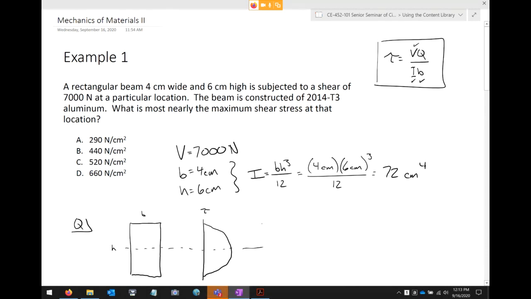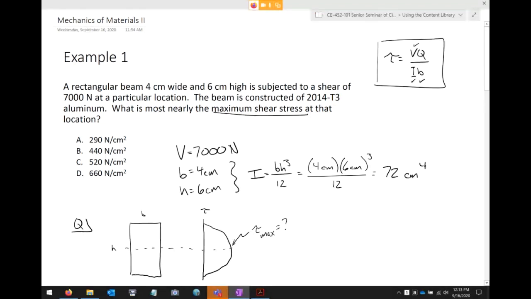It's like when I have the bending stress, the bending stress looks like that, and then the shear stress looks like the image on the left. So this right here is going to be tau max, which is what I'm after. The problem is asking for maximum shear stress.